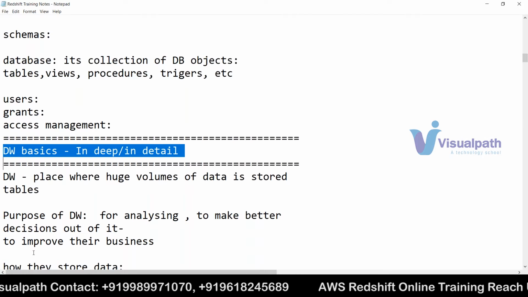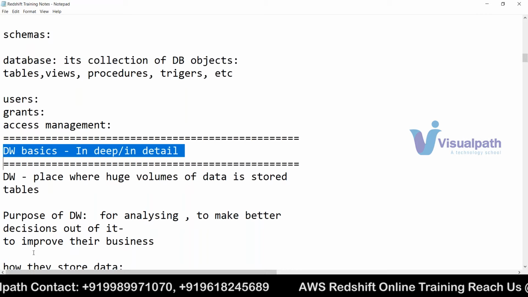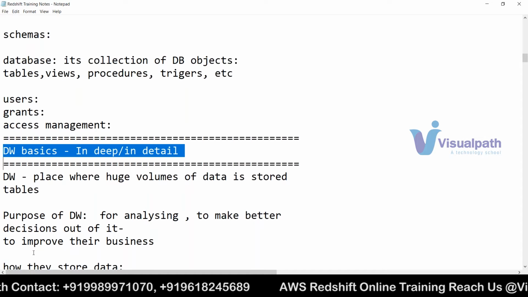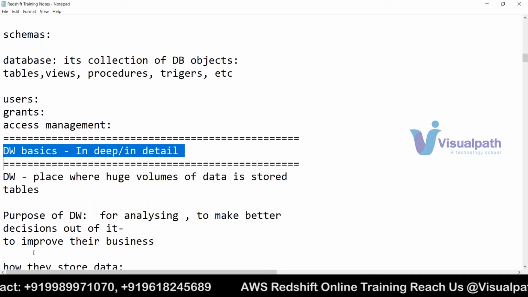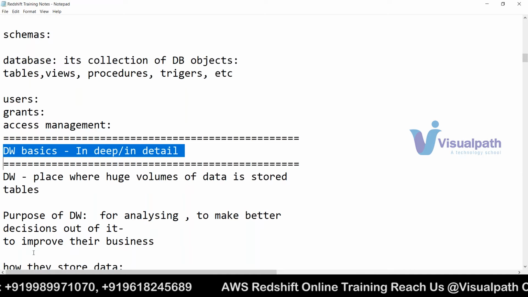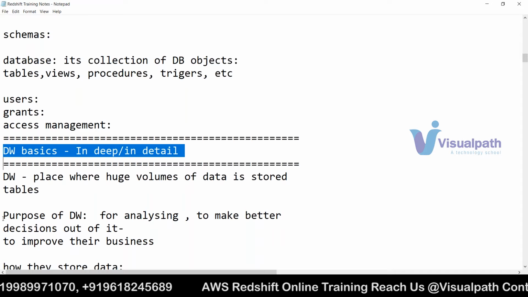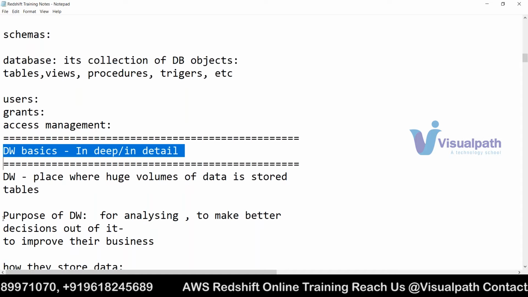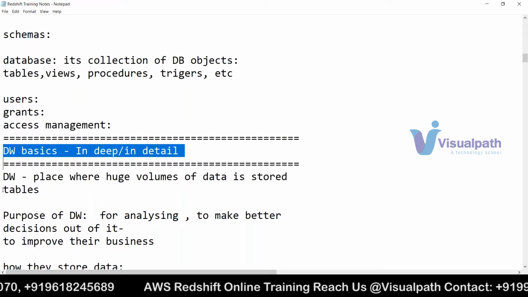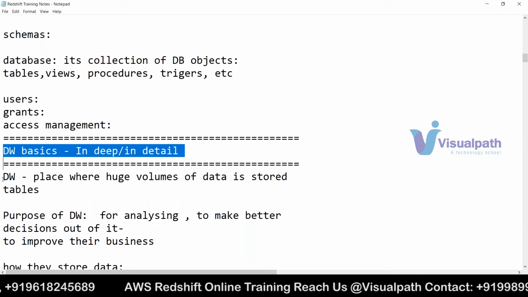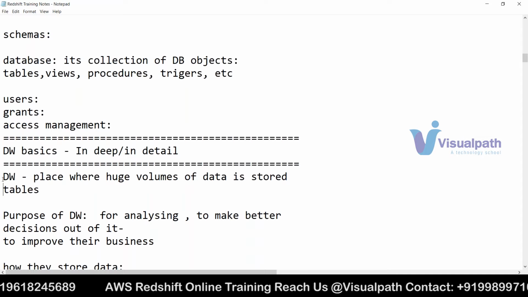That means they have to maintain the history. Otherwise, how do they know which customers have been paying and who are not paying, and what the maturity date and the maturity amount are? The policies are very long, like 30 years, 40 years. So they have to maintain the history, and that's where the data warehouse comes in.